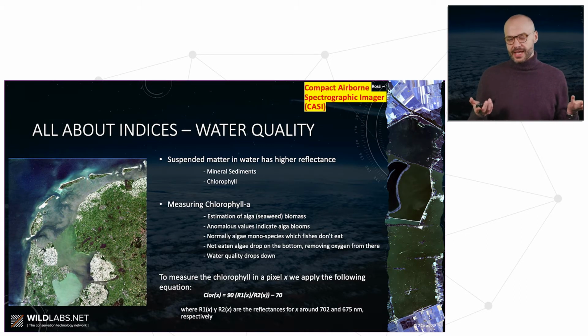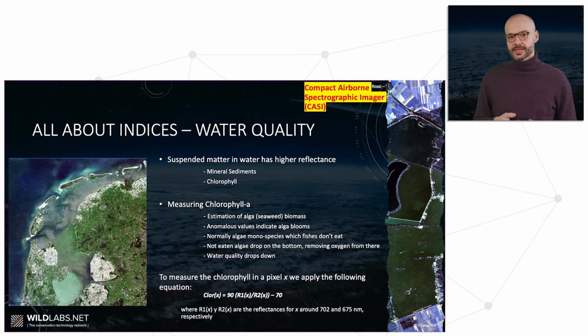NDVI is not the only index. Optical remote sensing uses several indices to capture different phenomena. An example of another index is one that is proportional to the quantity of chlorophyll. We see this index at the bottom of this slide. Why is this important?